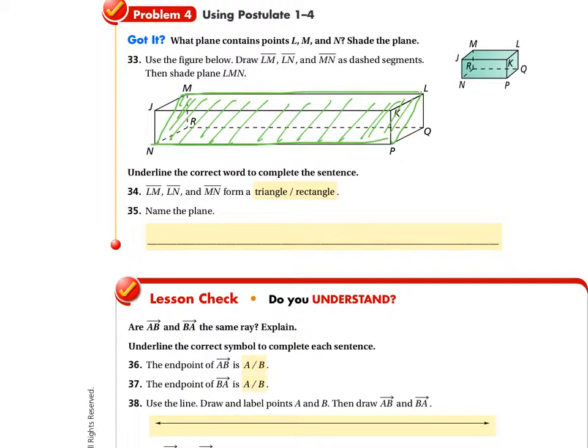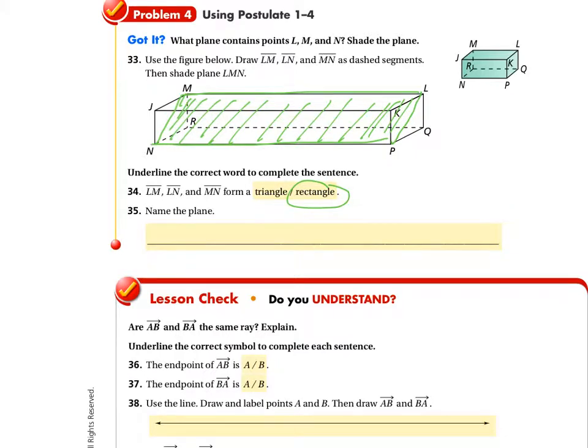What kind of shape is that thing that we just shaded? Is that a triangle or a rectangle? Triangle has how many sides? 3. So how many sides do we have on this green thing that we shaded? 1, 2, 3, 4, right? So isn't that a rectangle? And then the plane, again, you could name that plane in a multitude of ways.